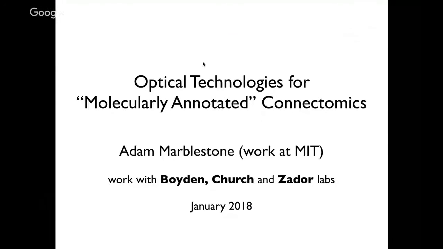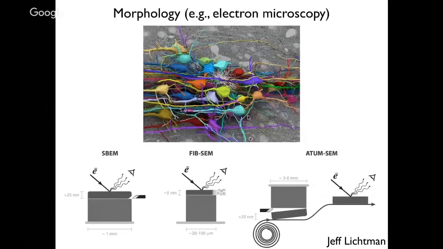And the purpose of what I'll be talking about is this notion of a Rosetta brain, very comprehensive mapping of as large a volume of a brain as possible, ideally an entire brain. And this is describing work that's done in the Boyden, Church and also Tony Zador's lab over the past few years.